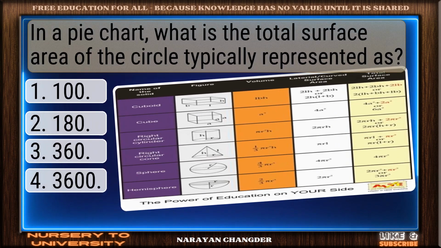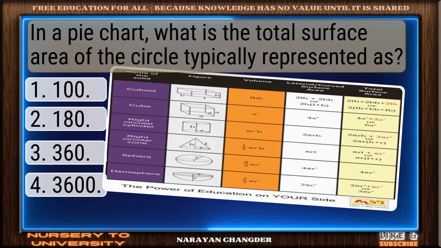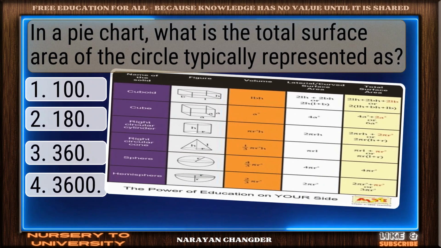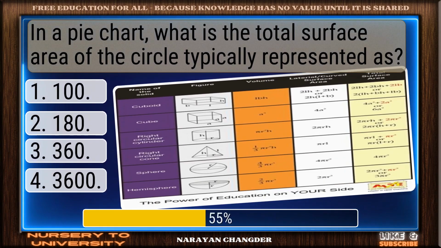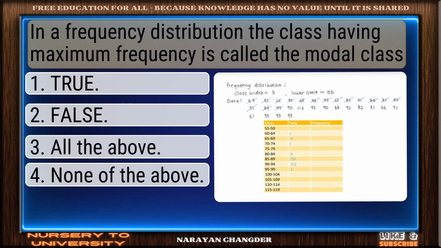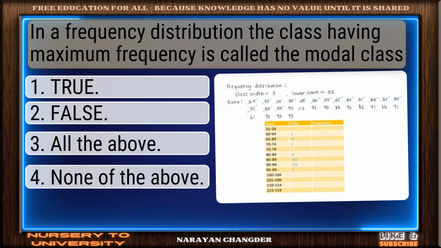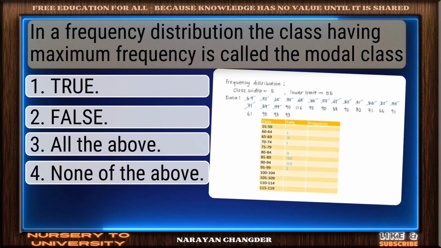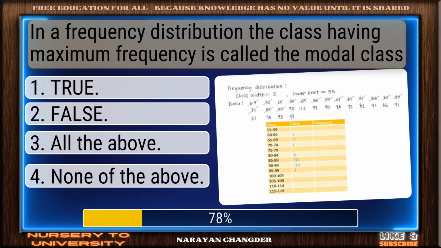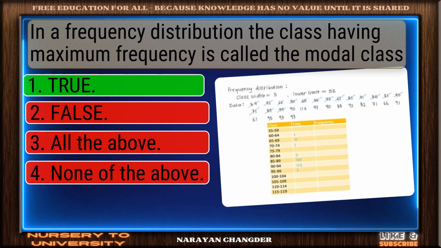In a pie chart, what is the total surface area of the circle typically represented as? Strong choice. 360 is right. In a frequency distribution, the class having maximum frequency is called the modal class. You chose true. Correct.